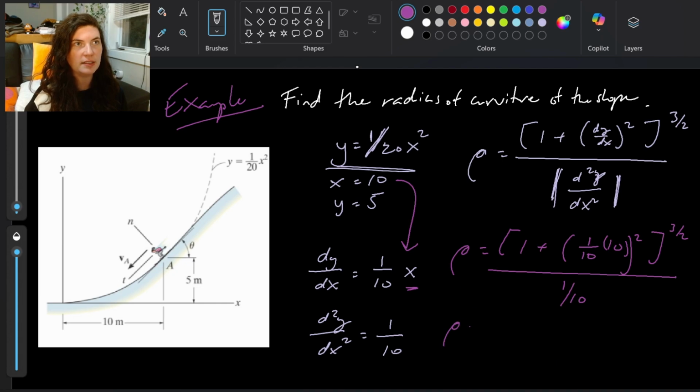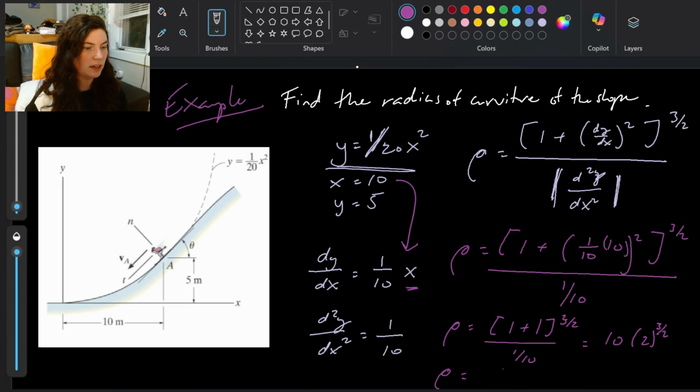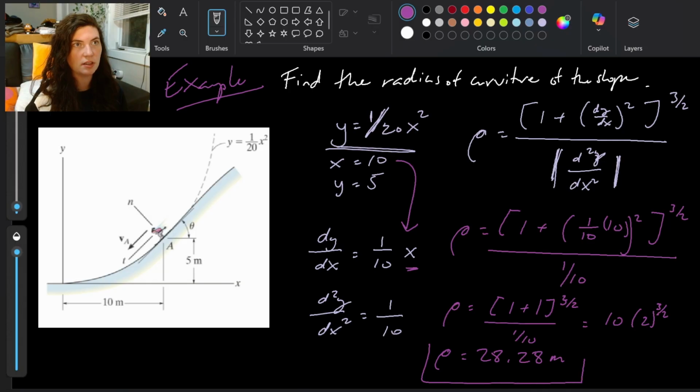So this second derivative, absolute value, 1/10. So I can simplify this guy. I get 1 plus 10 times 1/10 is 1, and that squared is 1. So I get 1 plus 1 to the 3/2 over 1/10, or I can simplify that to be 10 times 2 to the 3/2. I plug that into a calculator. It's going to give me 28.28 meters.